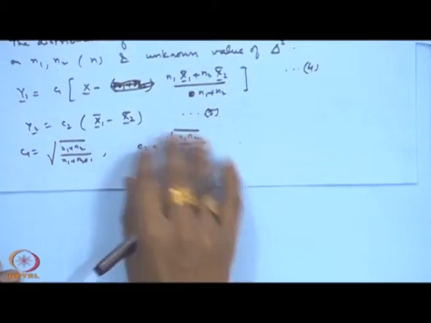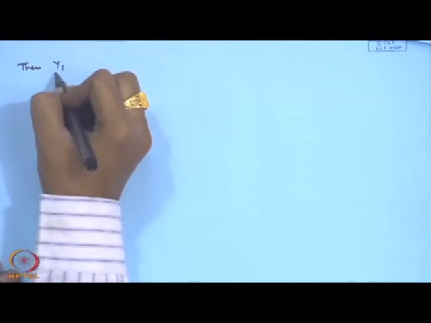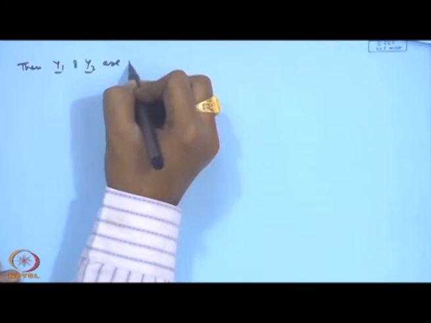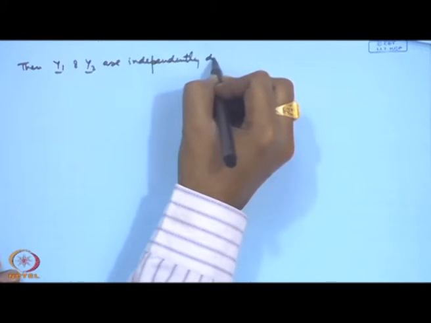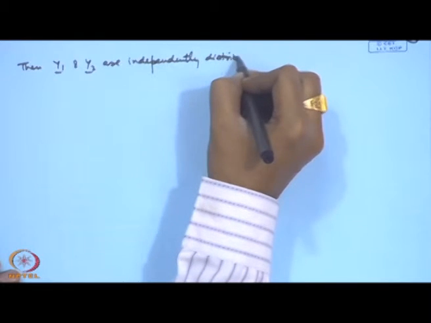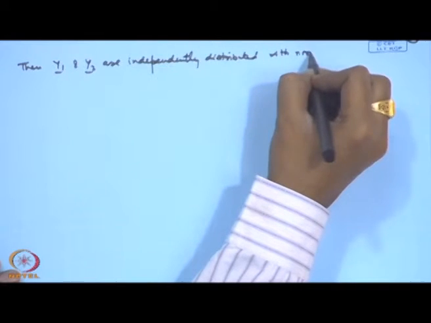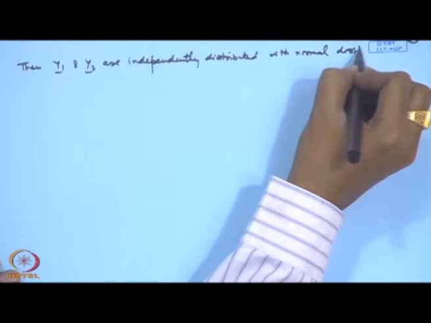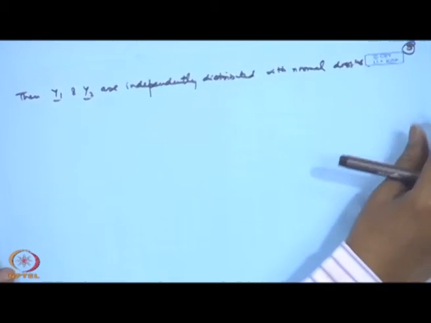Then the way this is defined here, we can say that y 1 and y 2 are independently distributed with normal distributions, and both will have the covariance matrix equal to sigma.